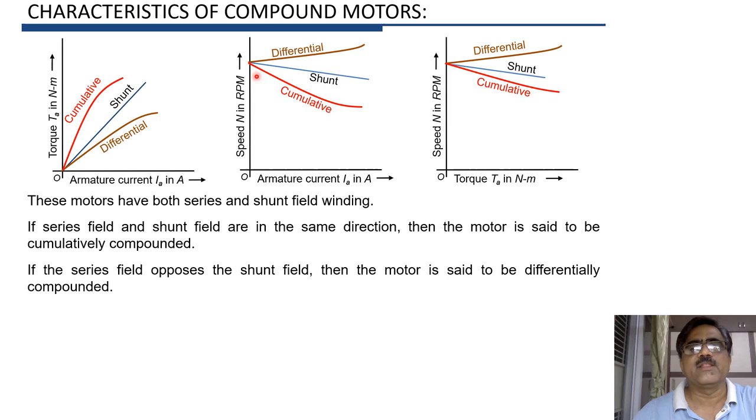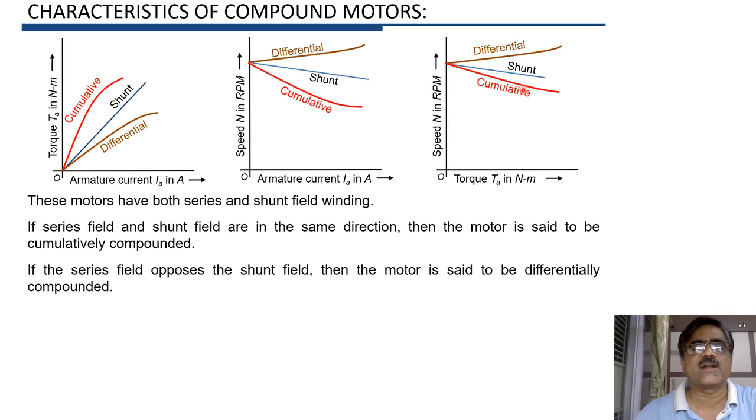Now here in case of cumulative compound motor, you can see that as load is increased, there is increase in flux because series flux gets added to the shunt flux. So as flux increases, speed decreases, and therefore with increase in armature current, speed of cumulatively compounded motor decreases.